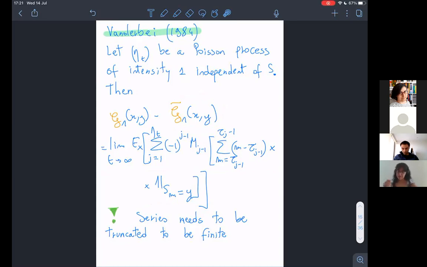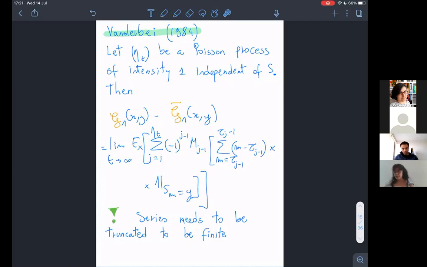I just want to mention that this expression requires an auxiliary truncation. What do I mean by that? You see here that there is this η_t, which appears in the sum. η_t is a Poisson process of intensity 1 that's independent of everything else, and that you need to insert in this error term, because you can prove that there are graphs where this approximation is actually infinite unless you put the truncation of the series at η_t.